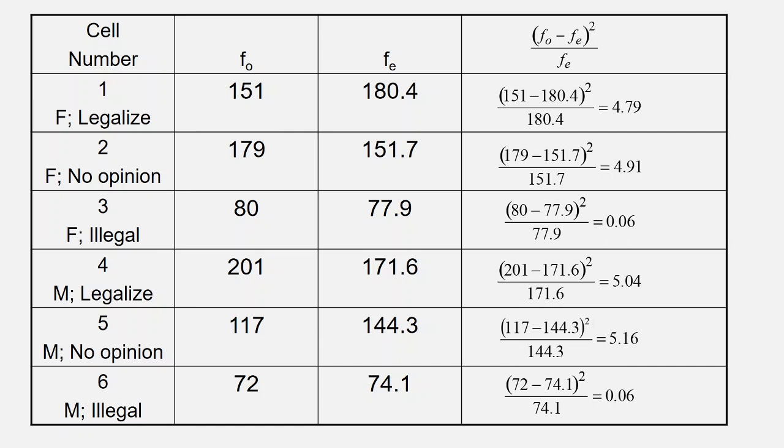It seems like the significant chi-square is primarily driven by the overrepresentation of men in the legalize it group and the underrepresentation of women in the legalize it group, and the overrepresentation of women in the no opinion group. So what this tells us is that men and women don't have the same breakdown of opinion.